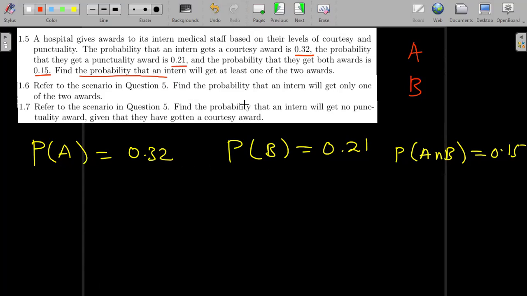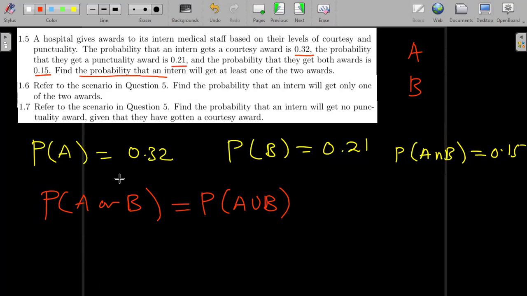So one or more. We're finding the probability that this intern gets A or B. This is the same as the probability of A union B. We know that in probability or set theory, or means union.